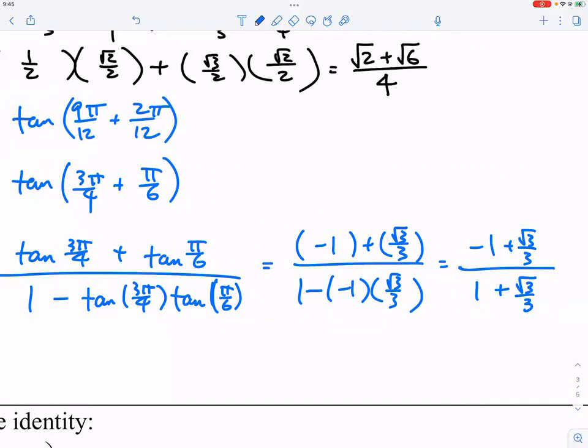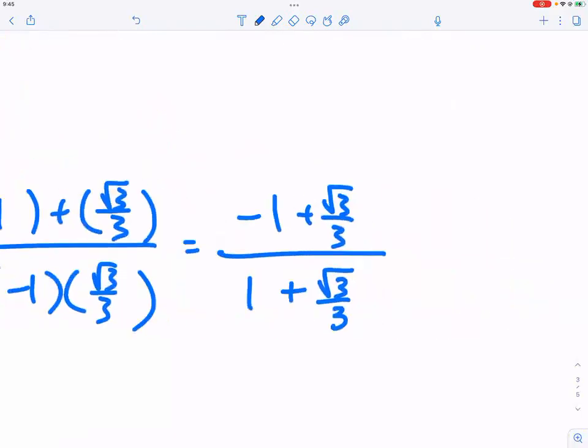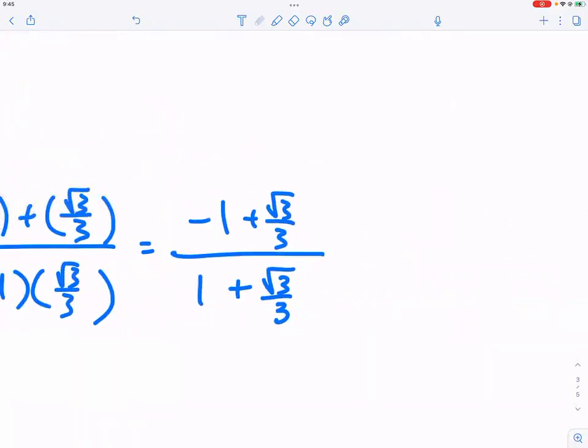So we got complex fractions right here. How can we not have a complex fraction? How can we get ourselves out of this complex fraction situation? Now, if you multiply by the conjugate, that would get the square root out of the way, but you still have a complex fraction.